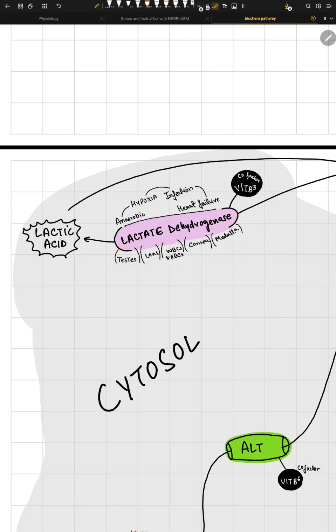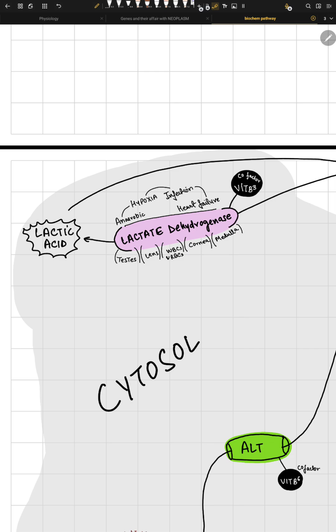Okay, now physiological relevance of B3. It's called niacin, okay? Vitamin B3 is a cofactor of LDH, and the physiological relevance of niacin is that niacin forms NAD+ or NADH. And now this is the main redox currency. Without NAD+, glycolysis stops.